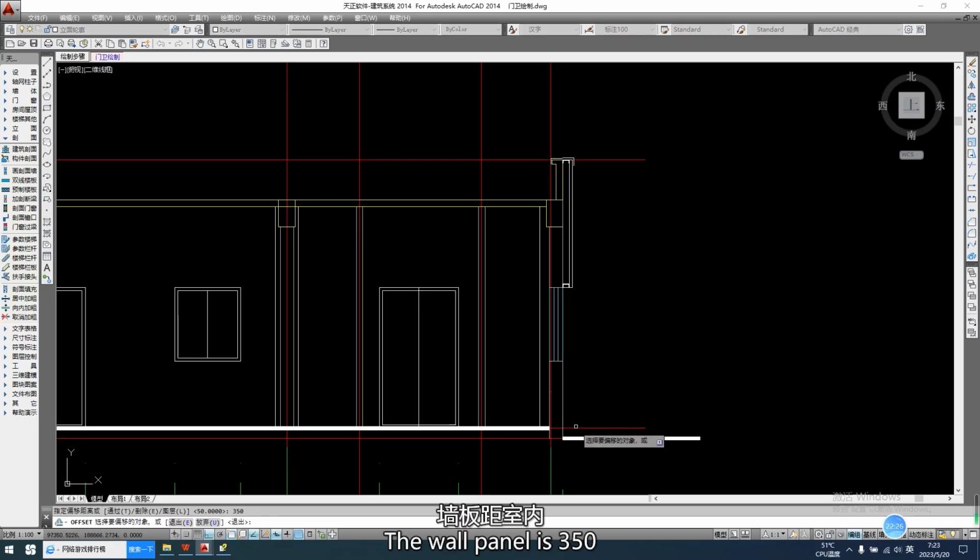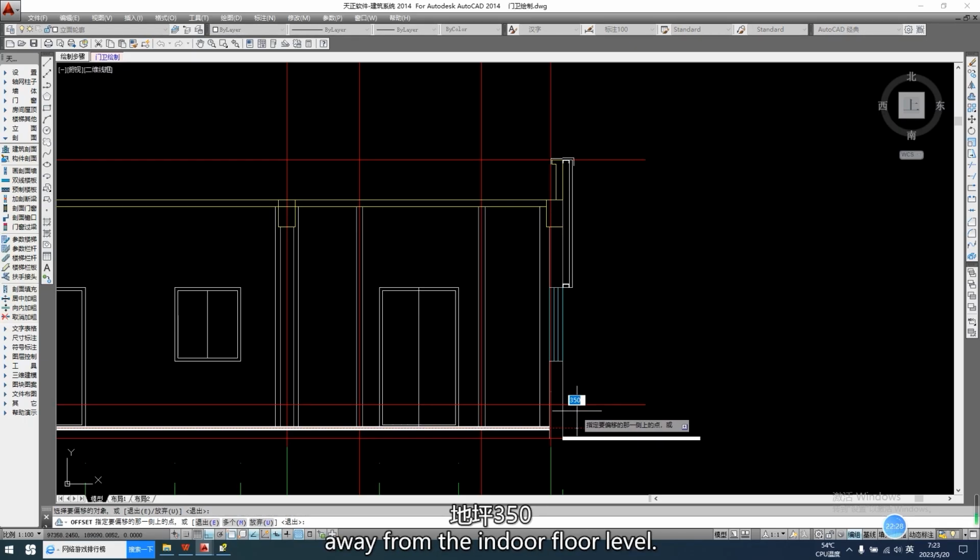The wall panel is 350 away from the indoor floor level.